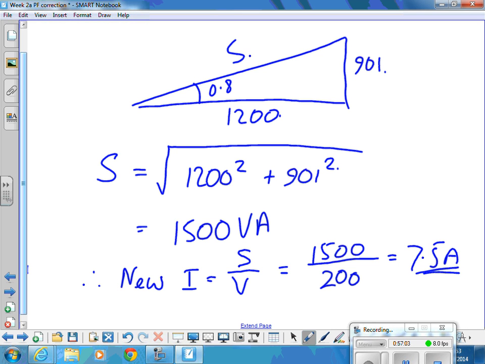So we reduced from 10 amps to 7.5 amps by putting in a power factor correction. If you're talking about a whole load of big factory and you make that kind of improvement in the power factor, you're talking considerably more of a decrease in current than that. Okay?